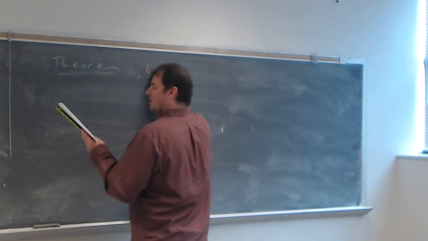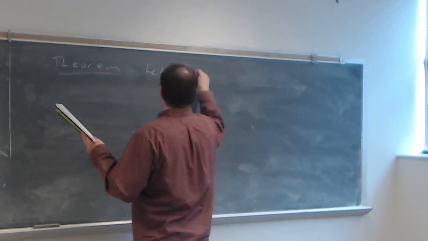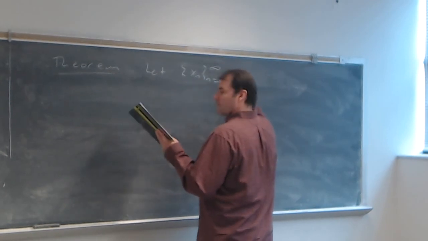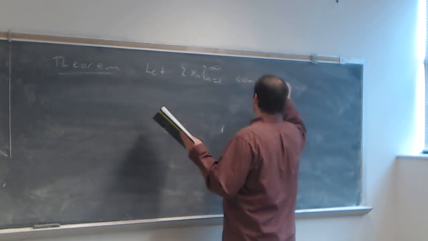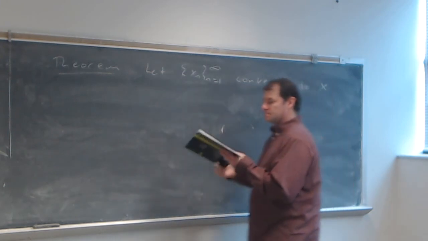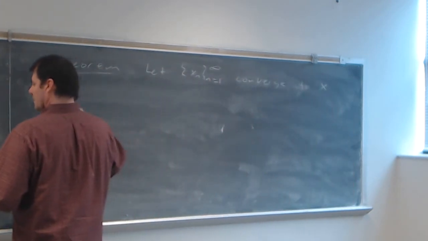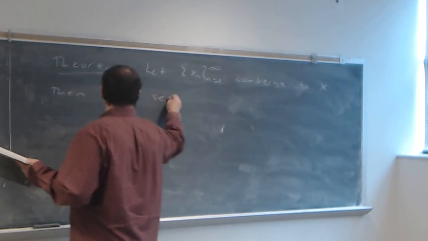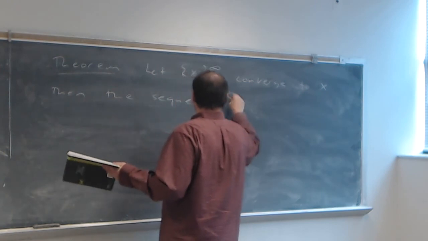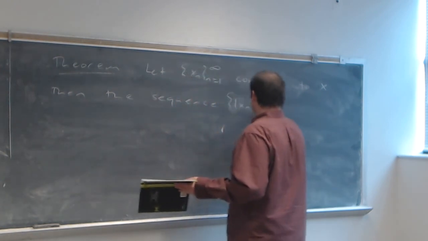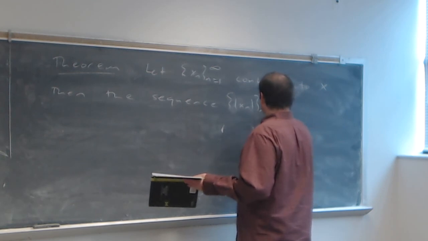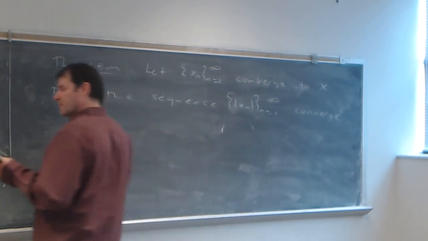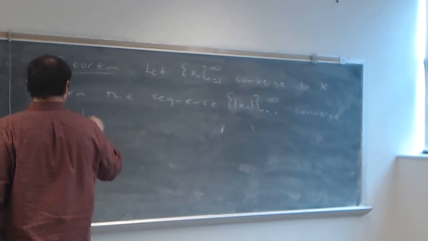Here's the theorem. It says, let x sub n converge to x. Then the sequence of the absolute values of x sub n converges to the absolute value of x.